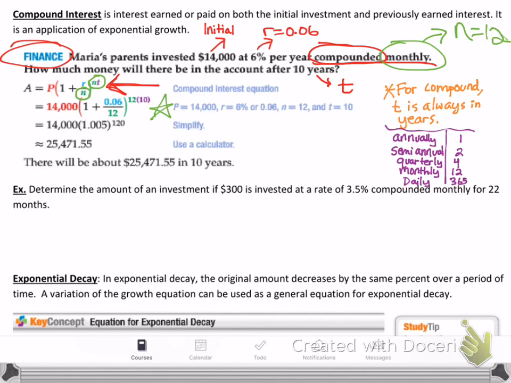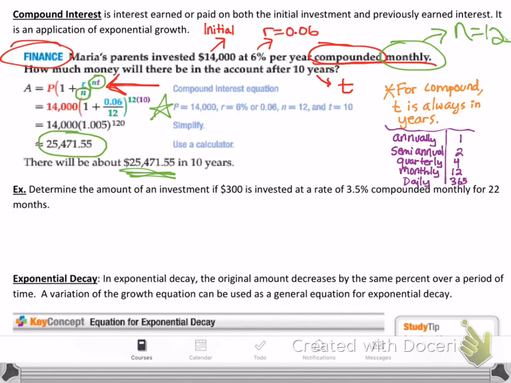And then you just have to put that in a calculator or do them individually and figure out what the final answer is. And so after you figure it out, you actually get an answer of $25,471.55. What that means is, even though you do nothing, because of this great interest, in 10 years, your original $14,000 turns into more than $25,000.